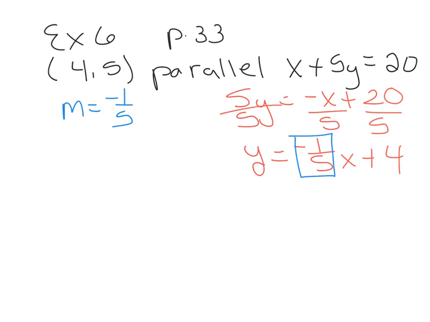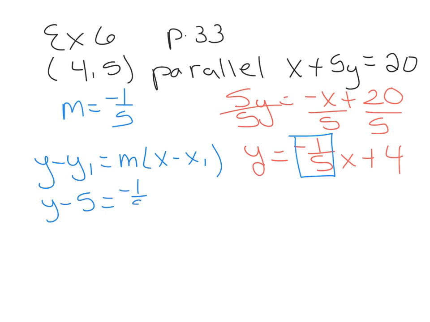So we're going to use that point slope formula. y minus y1 equals m times x minus x1. And we're going to have y minus 5 equals m, negative 1/5, times x minus 4.